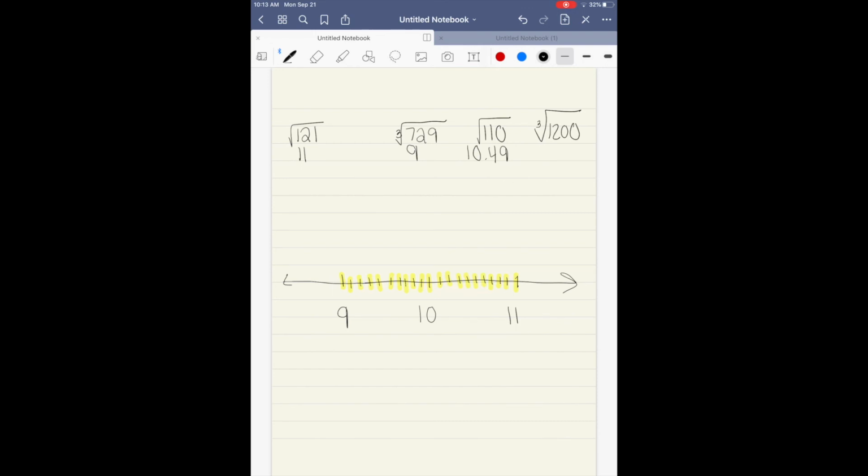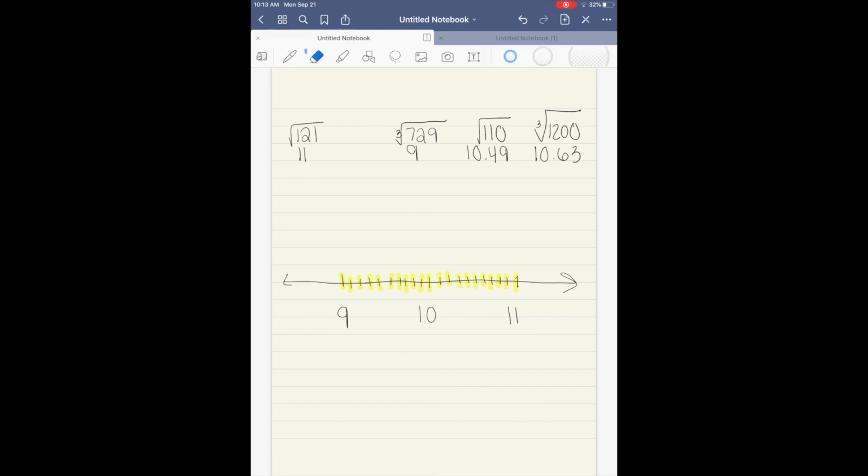The next one is cube root of 1200. So we're going to hit 3, second, caret key, type in 1200, and we get 10.626 and a bunch of numbers after that. So that 6 actually rounds the 2 up. So we're going to get 10.63 when we round to the nearest hundredth.